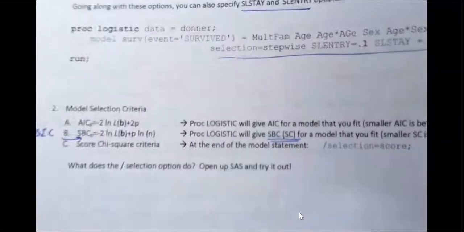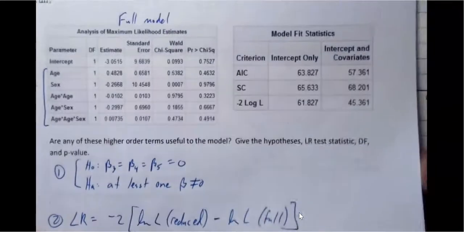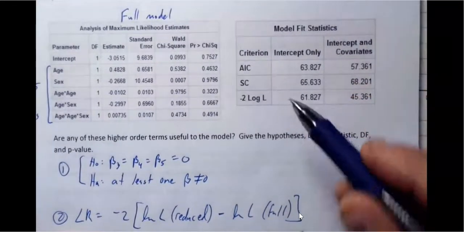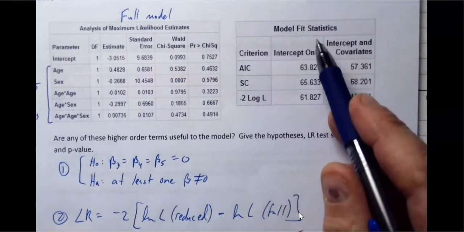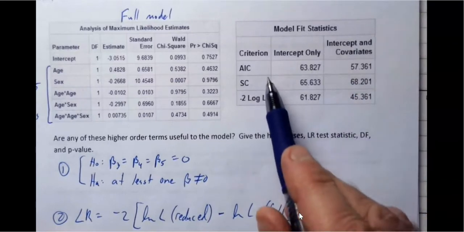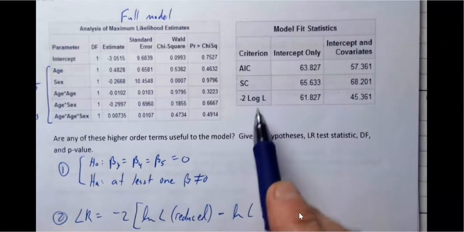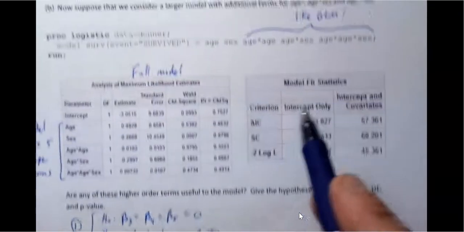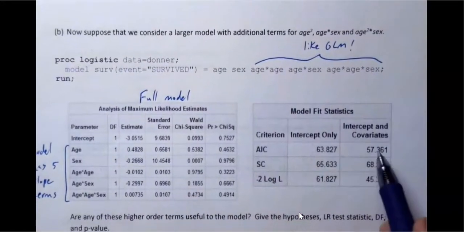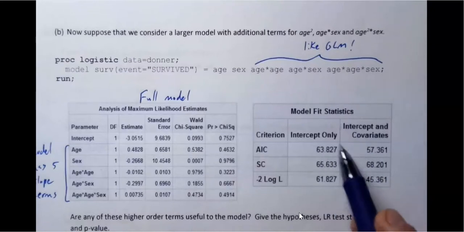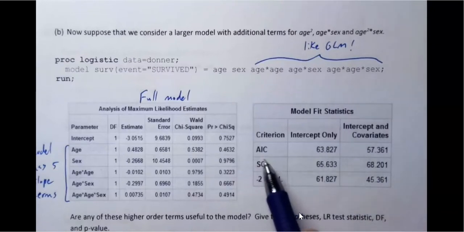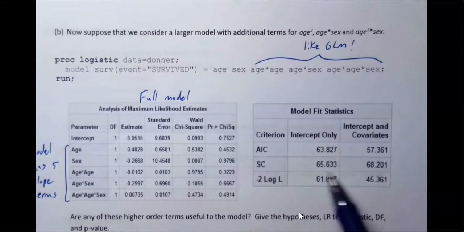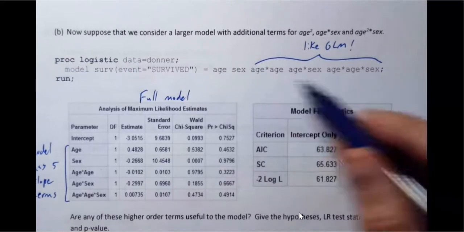Why they can't all be the same, I don't know. It provides these criteria again in your model fit statistics. Smaller AICs are better, so the AIC in this full model would have selected the full model over an intercept-only model, whereas the Bayesian criterion would have selected an intercept-only model over this full model.